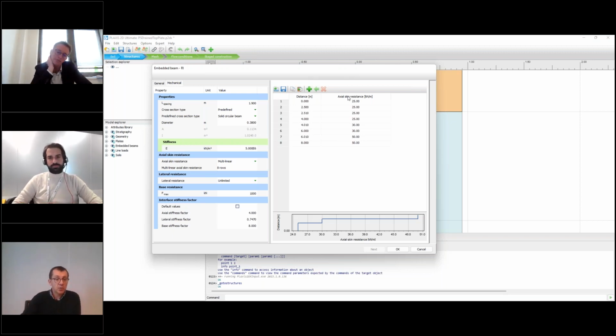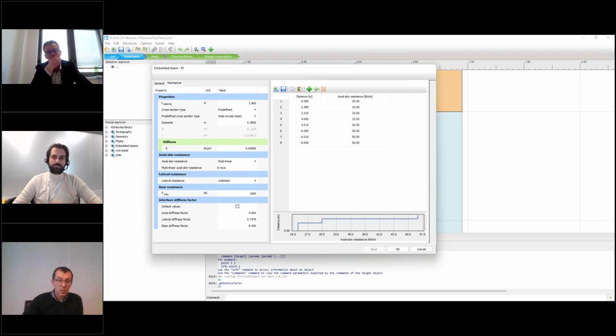That's one. And two, also playing a little bit with the stiffness of the interfaces themselves through the interface stiffness factor. Usually, default values from PLAXIS here do not apply. You need to be playing with those numbers, especially the axial stiffness and the base stiffness, and only then can you achieve a very successful calibration in that framework.